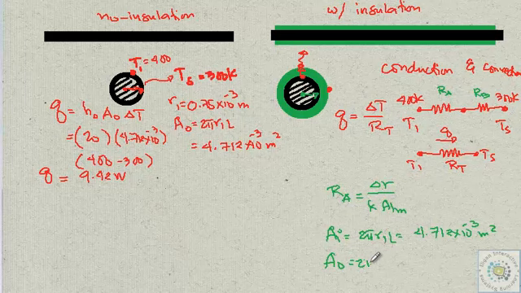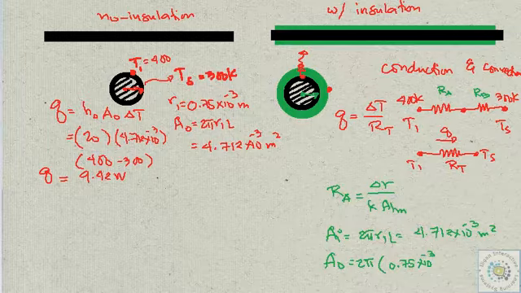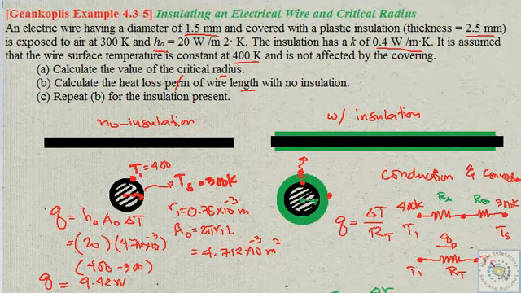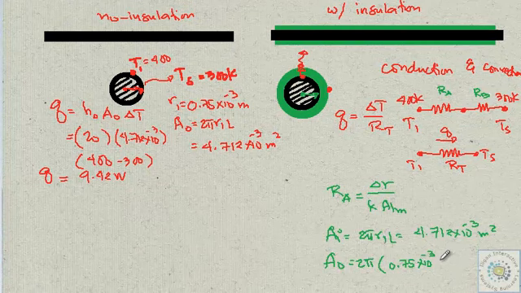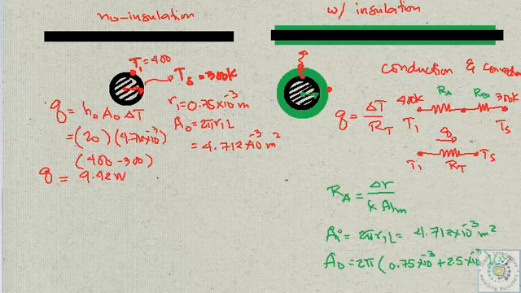So that will be 2 pi r1, where this inner radius is the radius of the wire, 0.75 times 10 to the negative 3, and then you add the thickness of the insulation, 2.5 times 10 to the negative 3, and then the length is just 1.